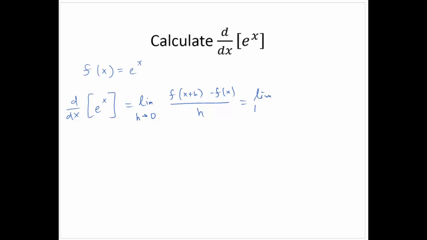And so that would be the limit as h approaches 0 of e to the x plus h minus e to the x over h. The limit definition of the derivative, something we saw in Calculus 1.